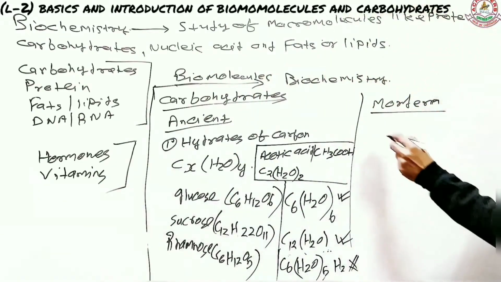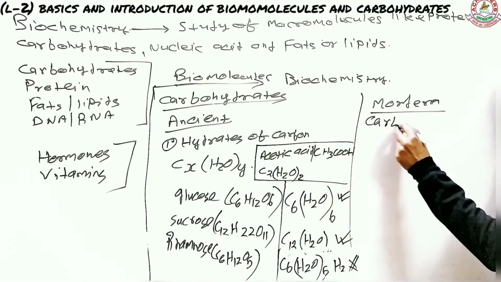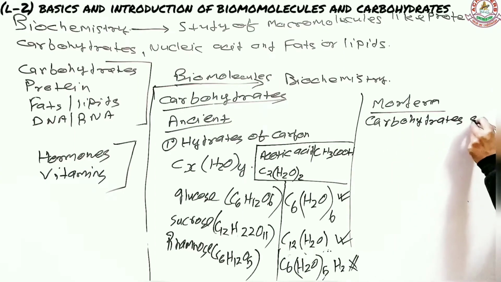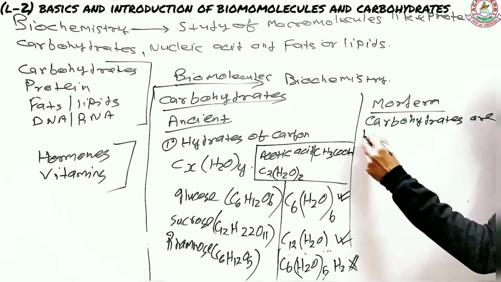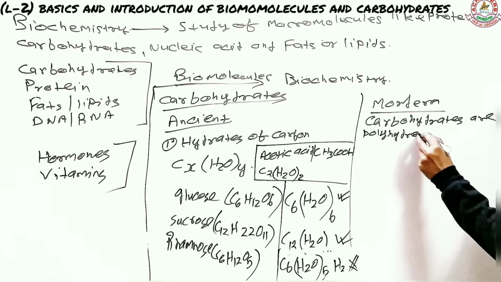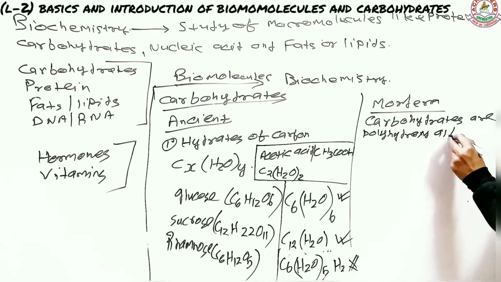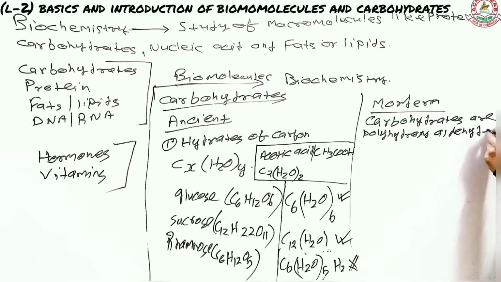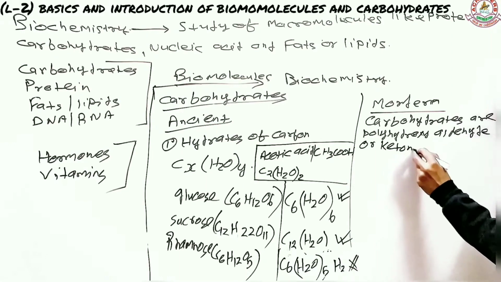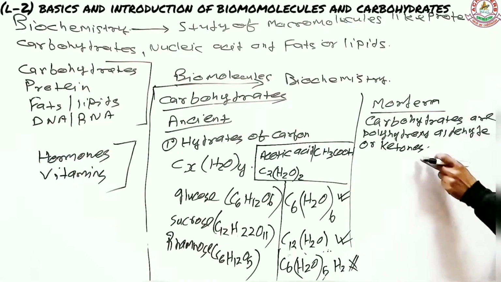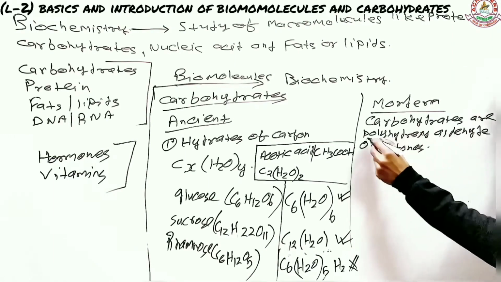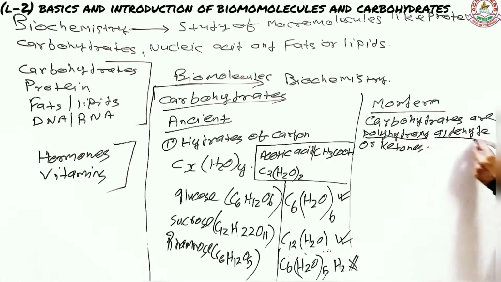The modern definition says that carbohydrates are polyhydroxy aldehydes or ketones. That means a carbohydrate has many hydroxyl groups, and it has either an aldehyde or a ketone.